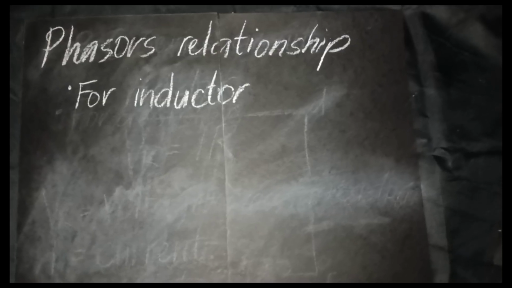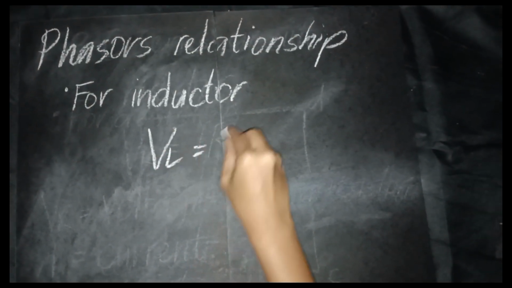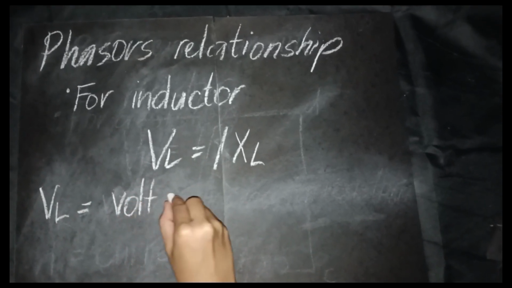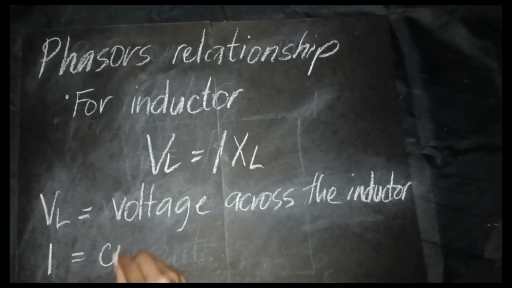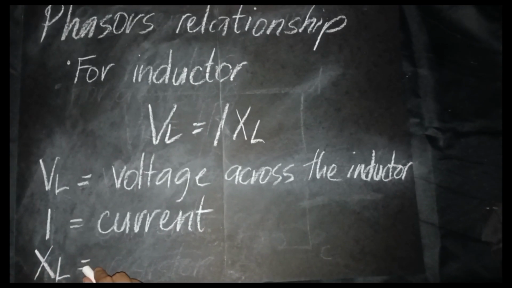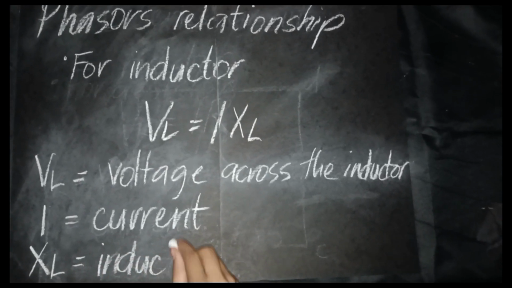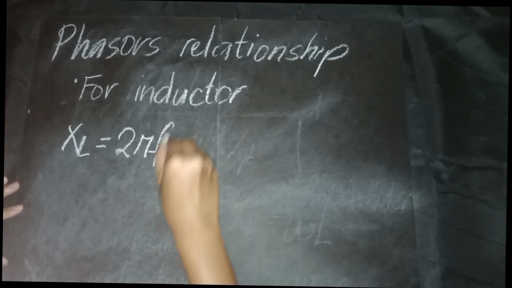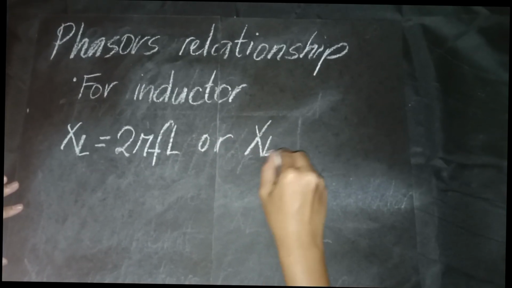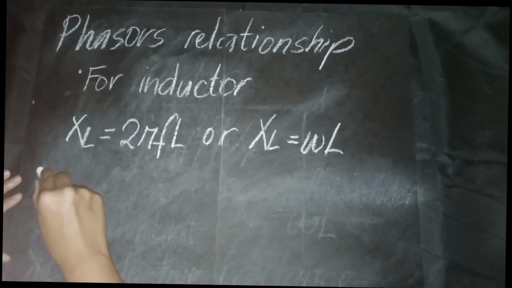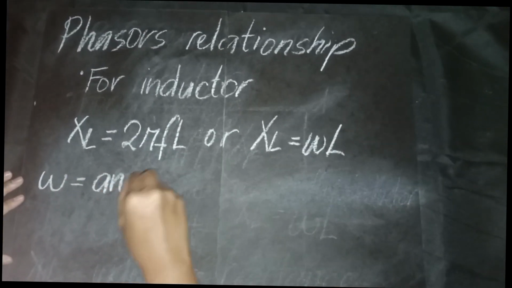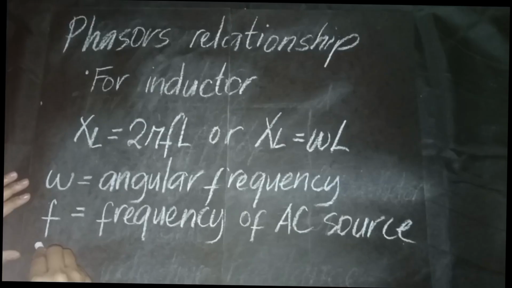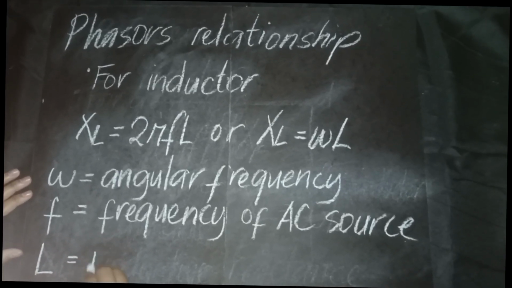Its voltage amplitude is VL equals IXL, where VL is the voltage across the inductor, I is the current, and XL is the inductive reactance, calculated as XL equals 2 pi FL, or XL equals WL, where W is the angular frequency, F is the frequency of the AC source, and L is the inductance of the inductor.